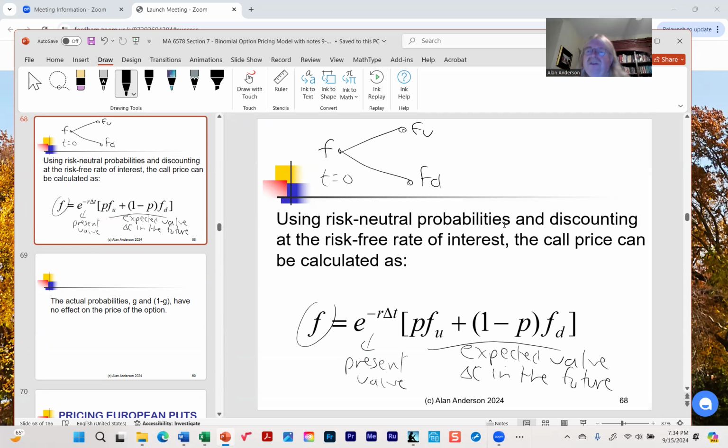That's the beauty of this: all the results are based on observable market variables. We don't have to figure out what people expect to happen in the future. We don't have to deal with their risk preferences. We can just assume everyone's risk neutral. They're willing to accept the risk-free rate of return on their investments. That's all we need.